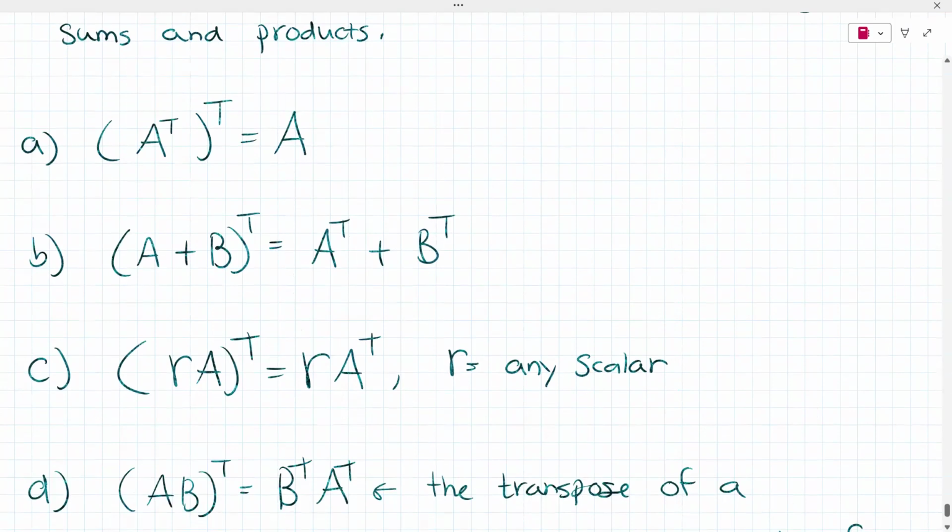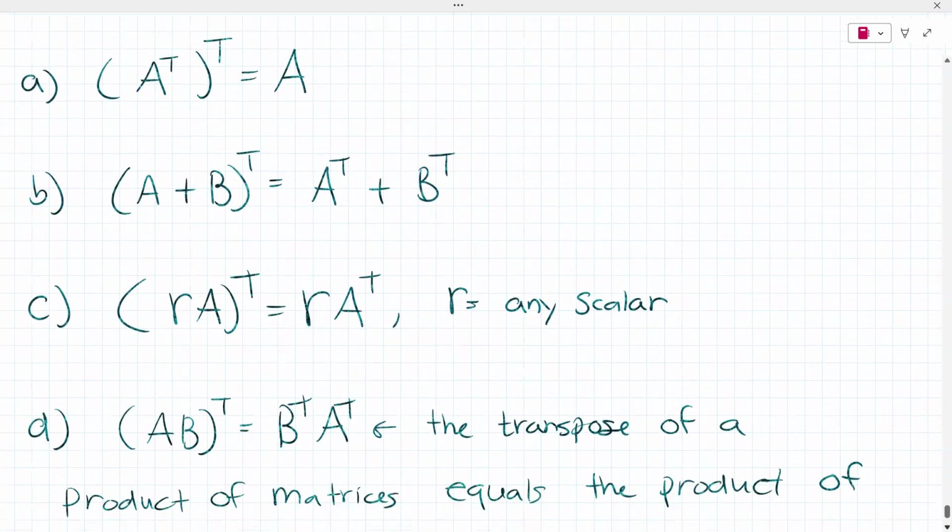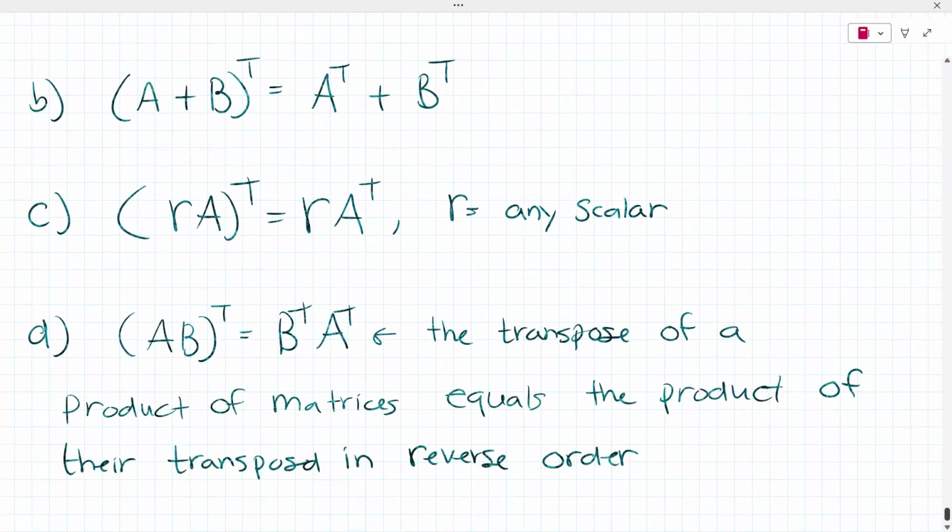And then C, you have rA raised to the T. That's the same thing as r times A transpose for any scalar r. And then D, you have A times B raised to the T. That's the same thing as B transpose times A transpose.